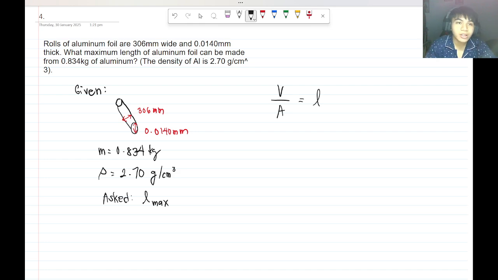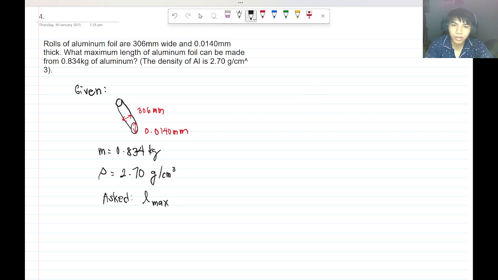Since if you think about it, the unit of this is typically meter cube over meter squared. So this will cancel. You have one left here as the power, and this would be the unit of the length. So that's the idea. And we can compute the volume since we have the mass and we have the density. So it's much simpler now.